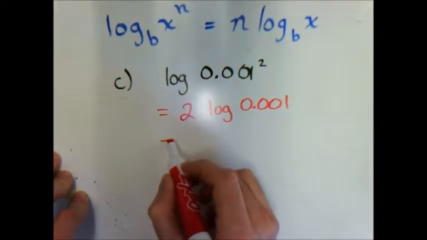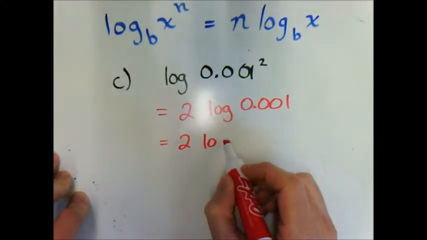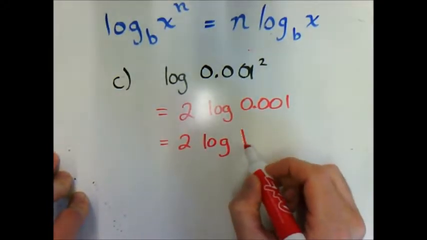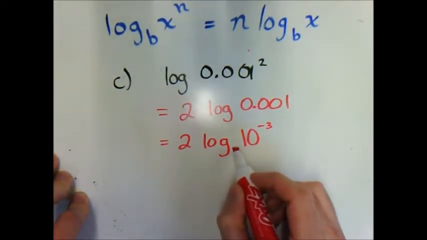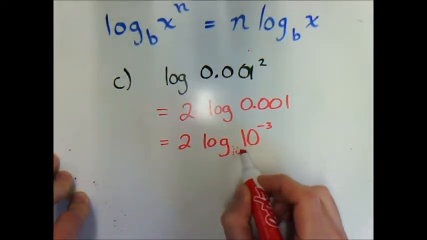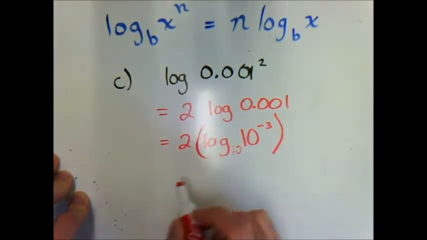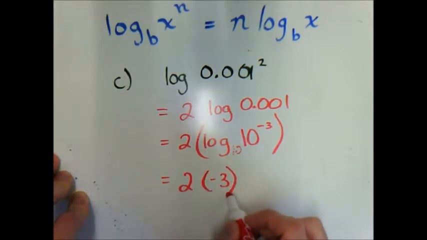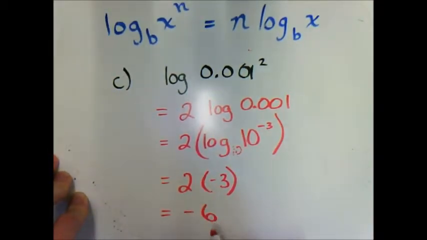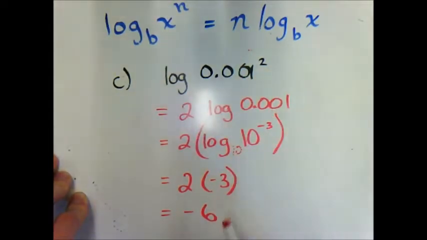Well, 0.001 is simply 10 to the power of negative 3. Now I have my little base, my imaginary 10 here. And I know that this whole thing is going to reduce to negative 3. 2 times negative 3, which equals negative 6. So the log of 0.001 squared is negative 6.